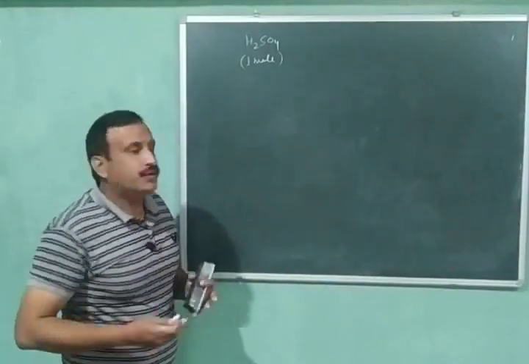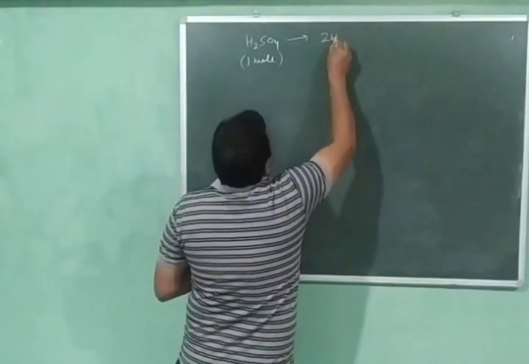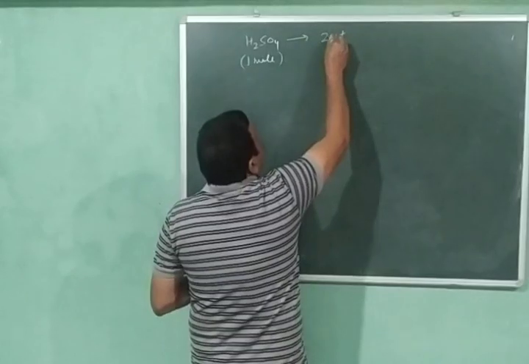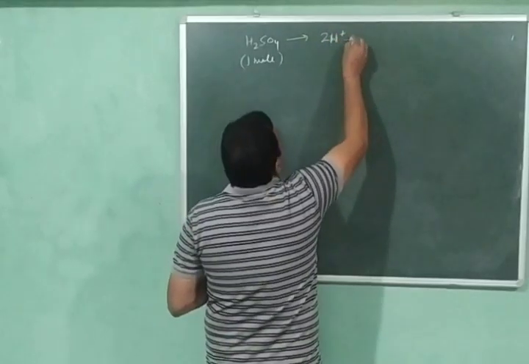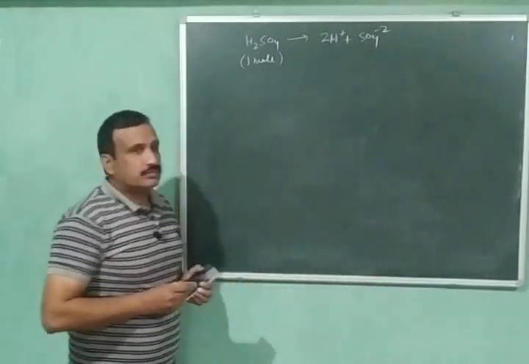When 1 mole of sulfuric acid ionizes, it ionizes in this manner, giving us 2H positive plus sulfate ions.